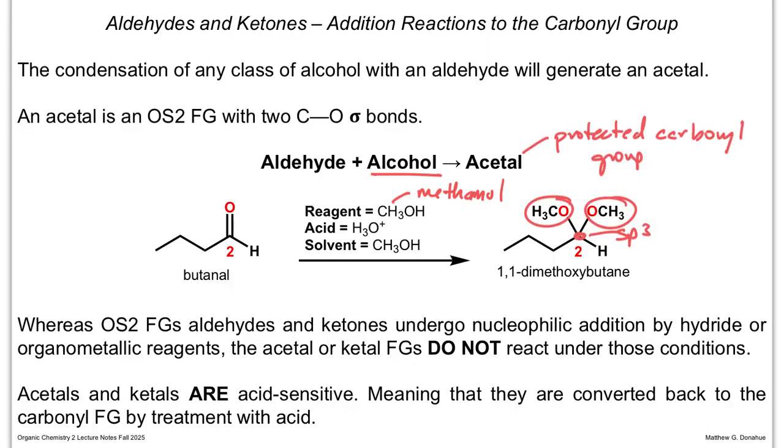So in a synthetic sense, they're used as protecting groups, as we'll see in Module 5. The acetal carbon is what is crucial for carbohydrates to form ring structures, so 5 or 6 membered rings. And then we'll see those things present in DNA.